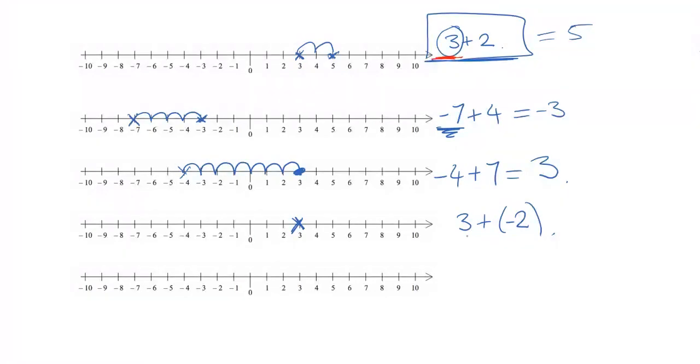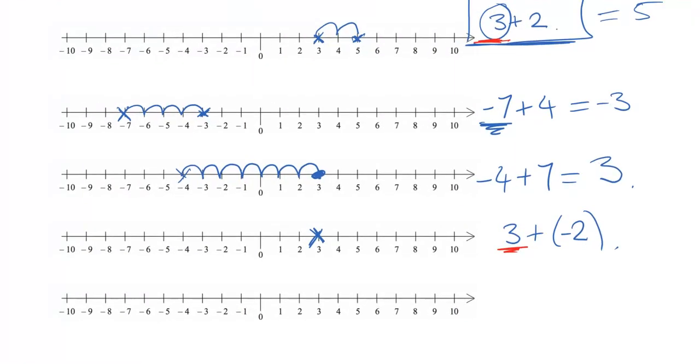Before it was a 3, and right now it's a 3 too. But rather than moving 2 to the right, we're going to move 2 to the left. So when you have to add a negative number, you're just going to do the opposite of when you add a positive number. So this is going to mean we go down 2 places. This will be a positive still. We haven't crossed that line. 0 is going to be +1.